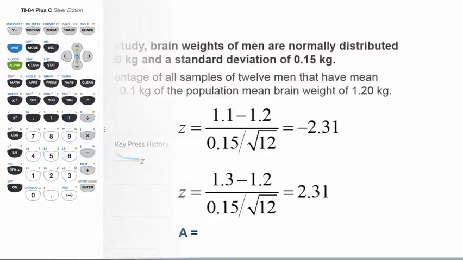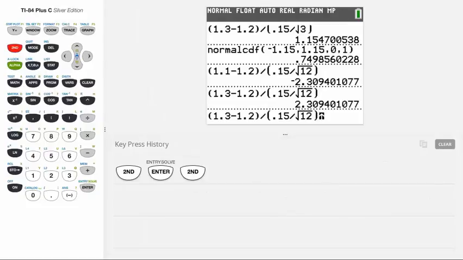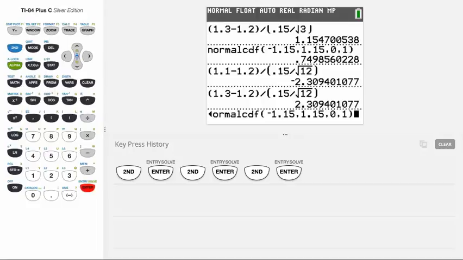Going back to my calculator, second, enter, second, enter, second, enter. My normal CDF comes back up. And then I'm going to arrow over and change my negative 1.15 to 2.31.